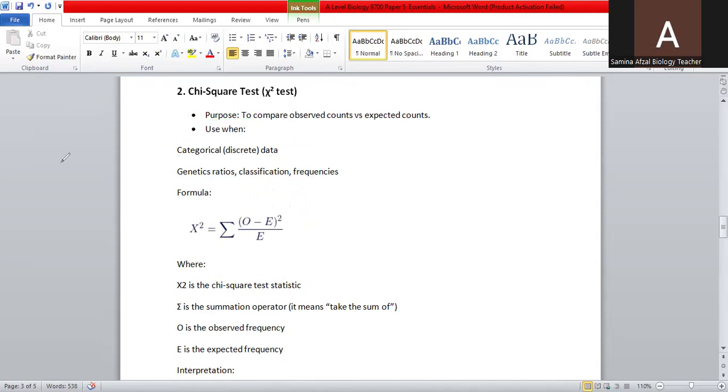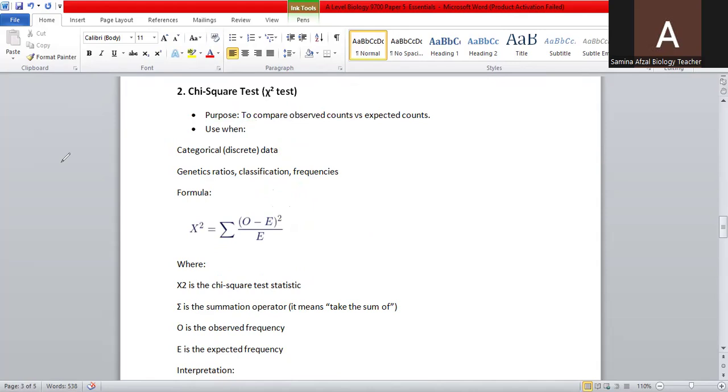Next is the chi-square test, which can be part of Paper 5. The purpose of the chi-square test is to compare observed counts with expected counts. Sometimes the expected value is different from the observed value, on categorical, discrete data.